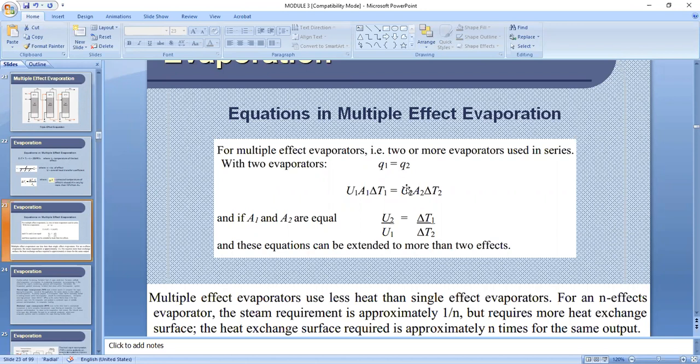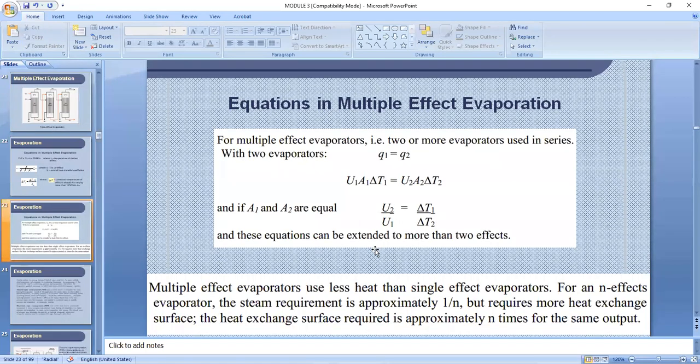It's because for a multiple effect evaporation system, the size of the evaporators most of the time is the same. So if A1 and A2 are equal, then U2 over U1 is just equal to delta T1 over delta T2. This is in the case when we only have a double effect evaporation system.